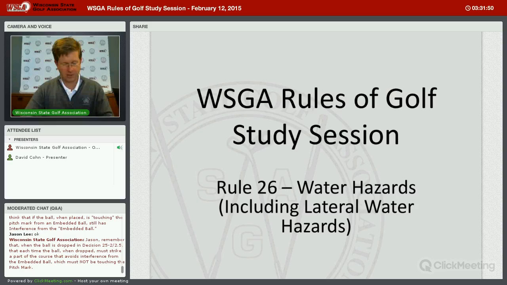So that's it, and this decision is helpful. The one on the opposite page, 26-2/2, just deals with a little bit of a twist: when the player hits the ball from within the hazard and leaves it in the hazard, the ball had exited the hazard during that time, and also it's a lateral water hazard with some additional relief options.